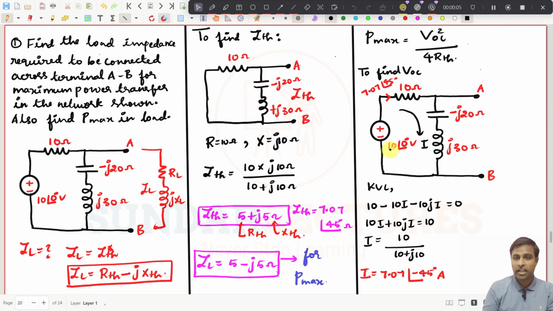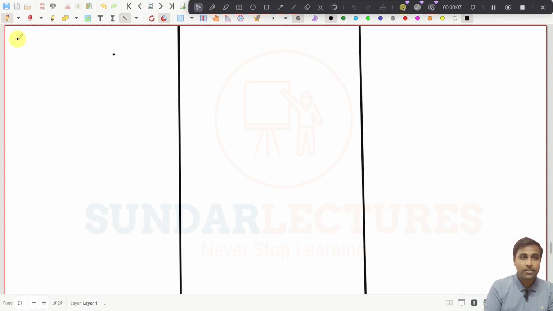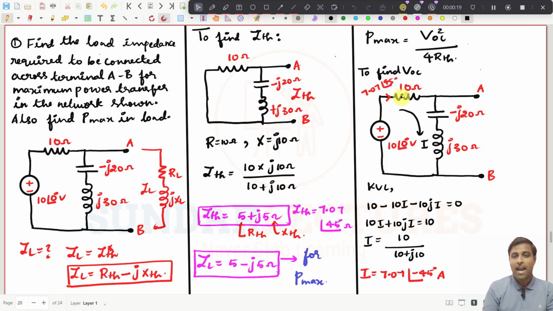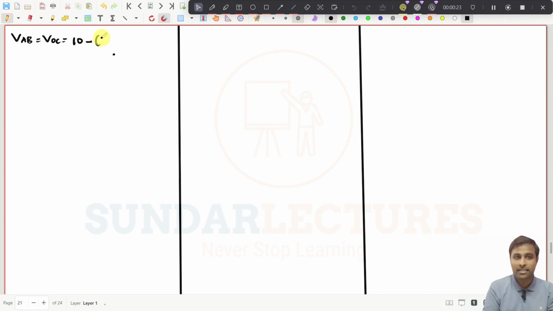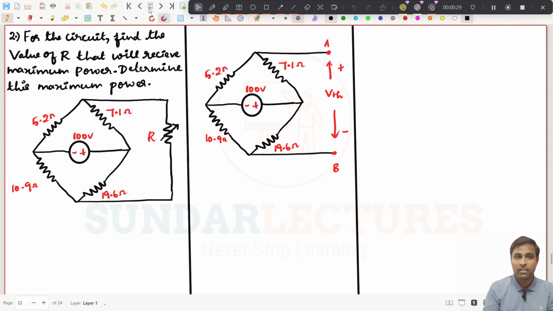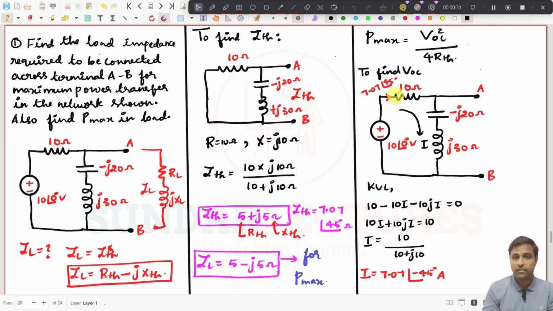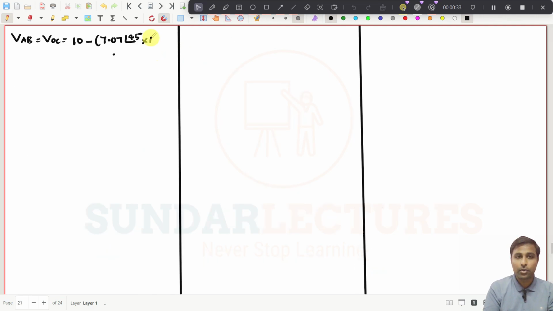So from this point it will be plus 10. If you want to find VAB, or you can consider it to be VOC, this is plus 10 because I am going from minus to plus. And I am going in the same direction as the current flow, so I have to put minus 7.07 at an angle of 45 degrees into 10 into 10.